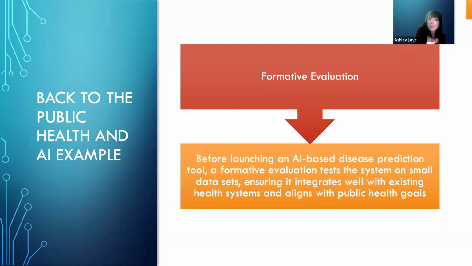So AI uses natural language processing, right? There are different ways to use that. So for formative evaluation, we want to test the system with a small data set to make sure that it integrates well, it is working with the existing system, and aligns with public health goals at a particular department.